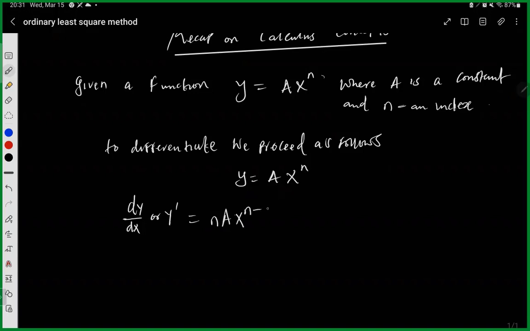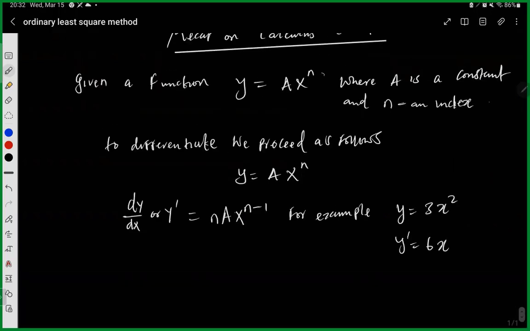For example, if y is equal to 3x squared, then y prime is equal to 6x, since the 2 comes down and multiplies with the 3, and we reduce the power by 1, which is simply 1 there.